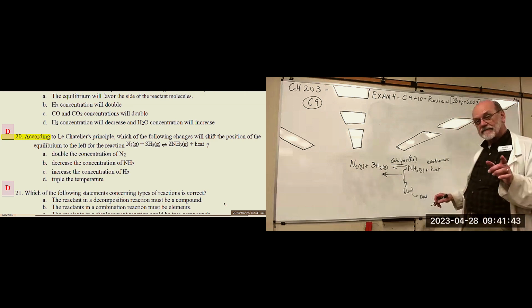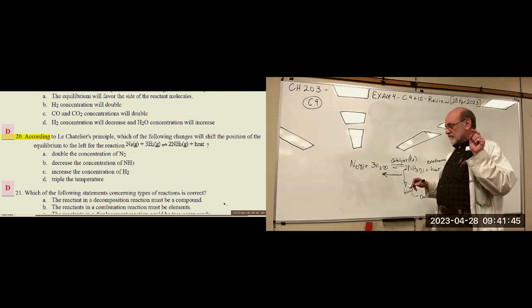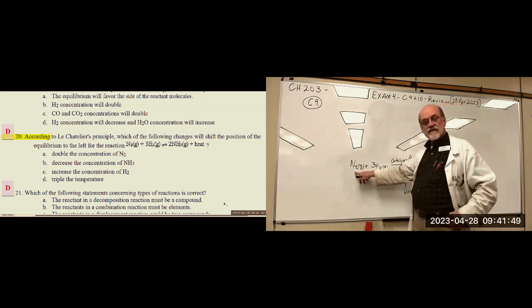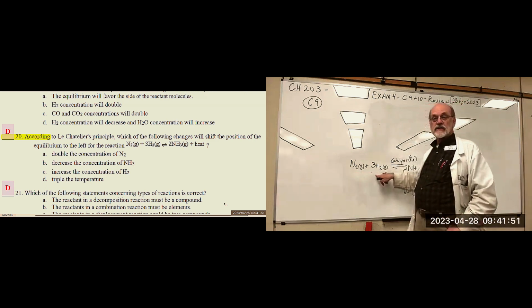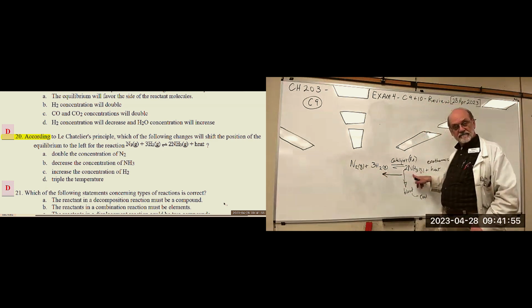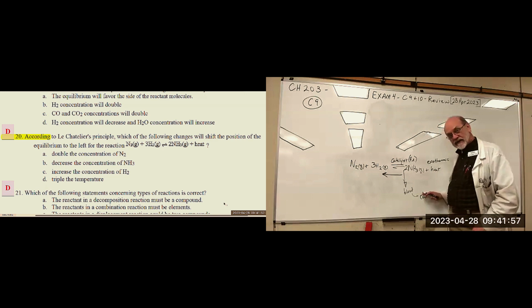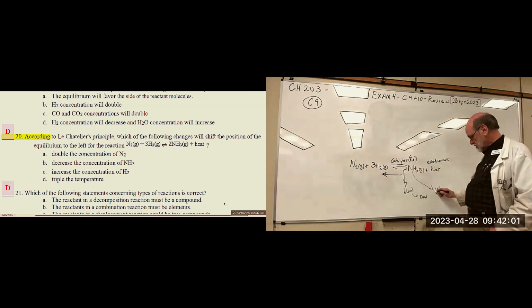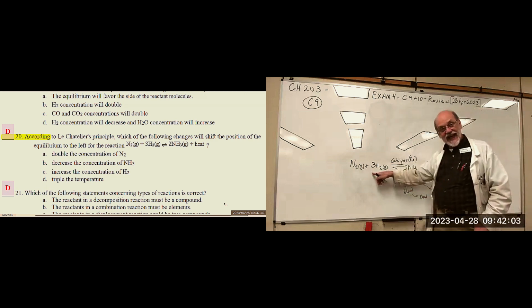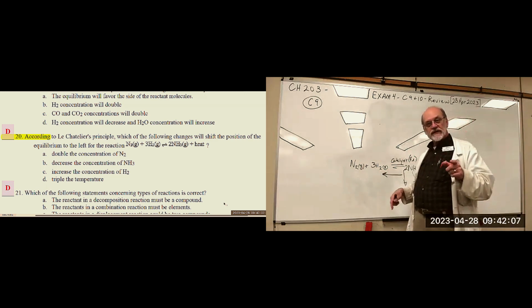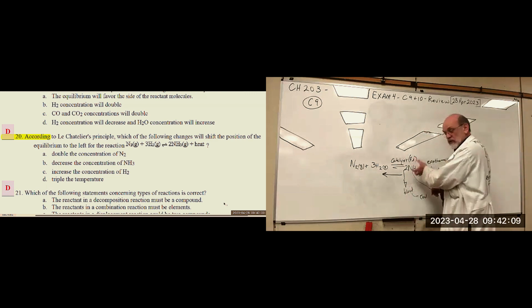So what happens then? The boiling point of nitrogen is very, very low, and hydrogen is very, very low. Ammonia is much higher. So he only had to cool it a little bit. This would come off as a liquid, and these would stay gases, and he'd run them back through the reactor. So what was he doing? He was removing product.